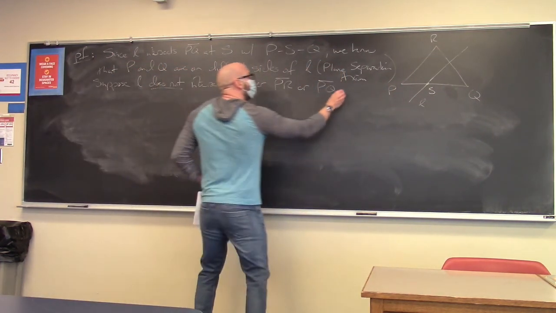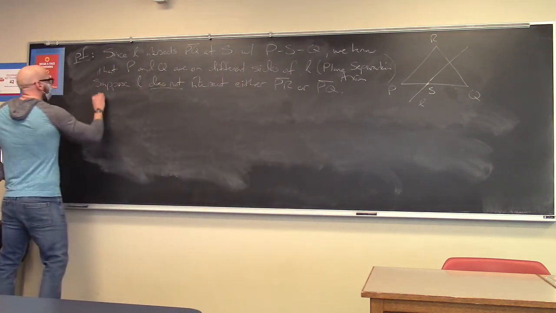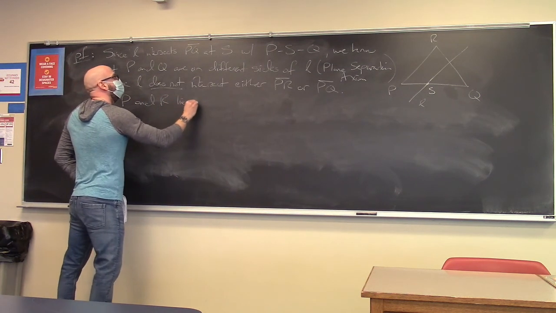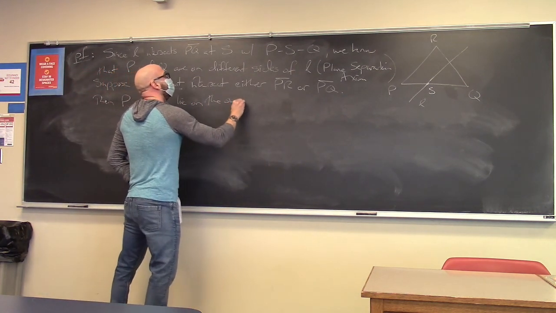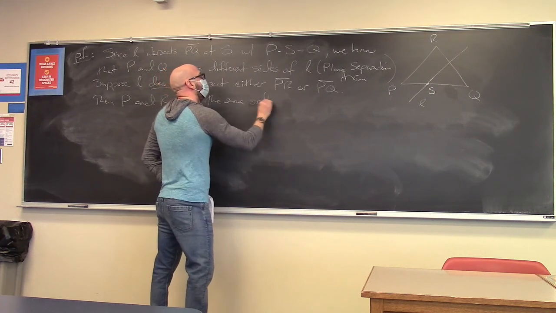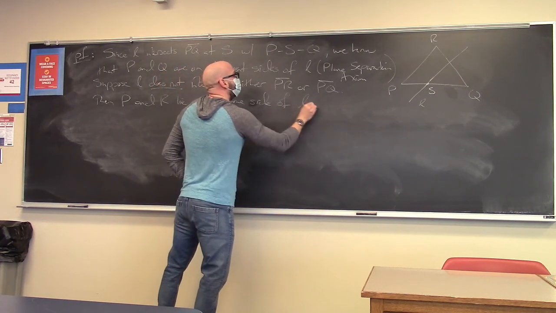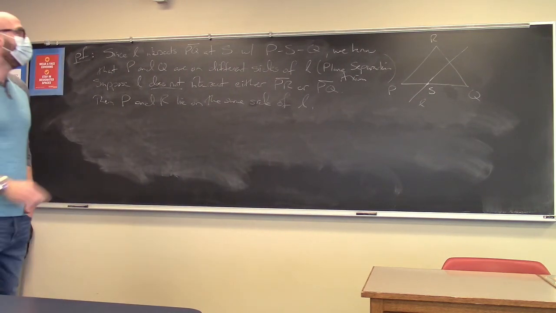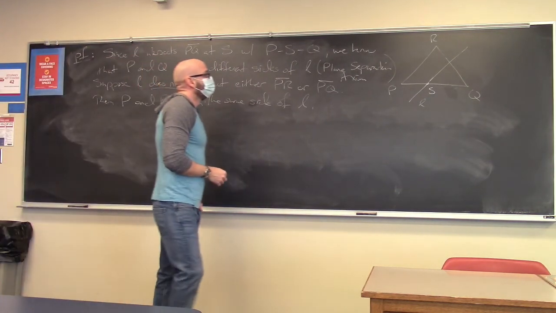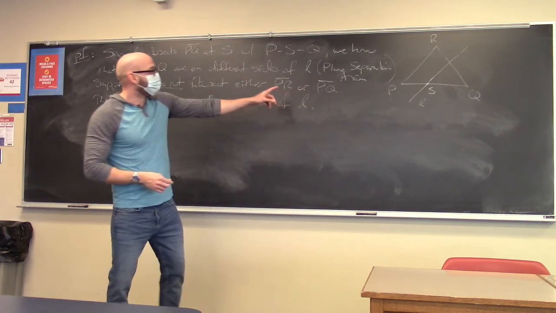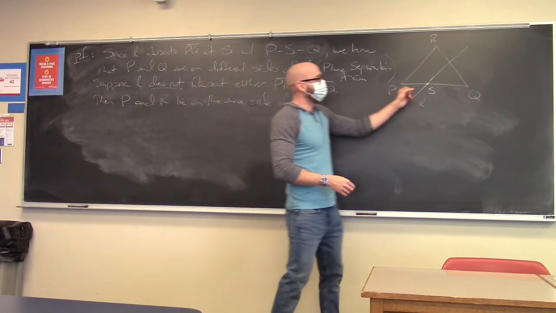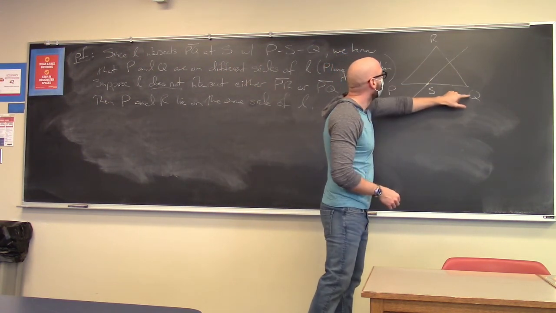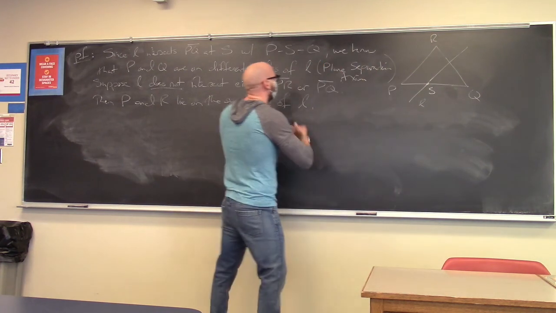So then P and R lie on the same side of L. I didn't mean to say PQ here, right? My assumption is that it cuts through PQ. I meant to say assume it doesn't intersect PR or QR. Sorry.